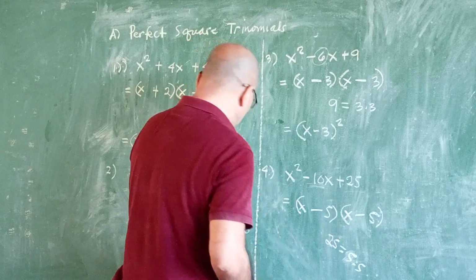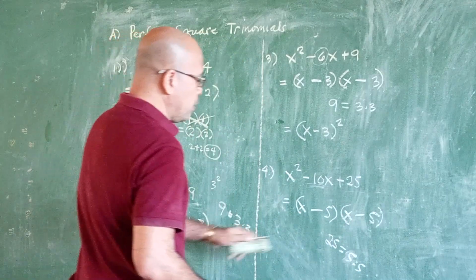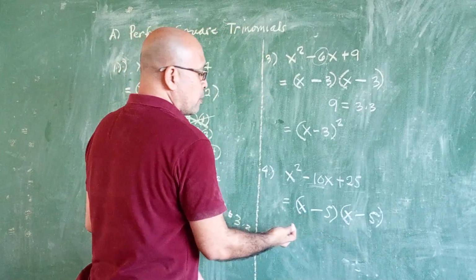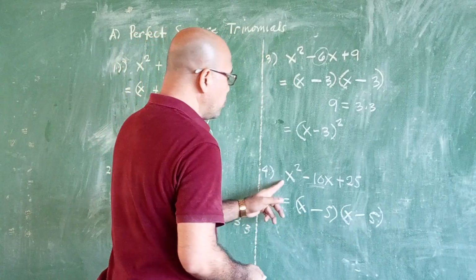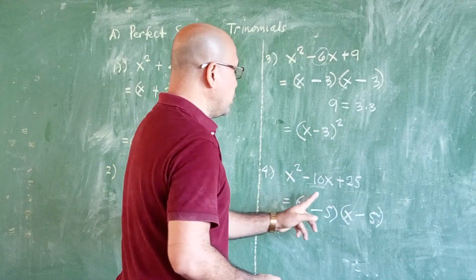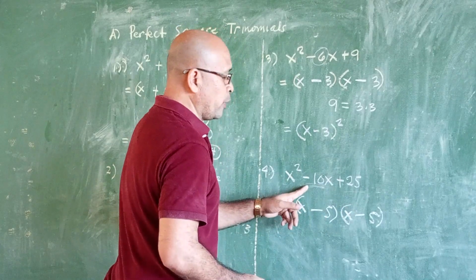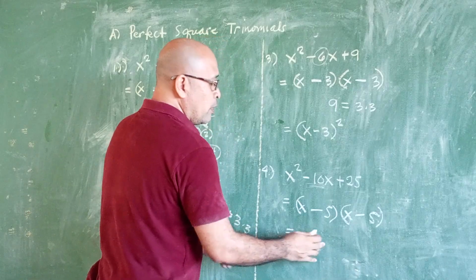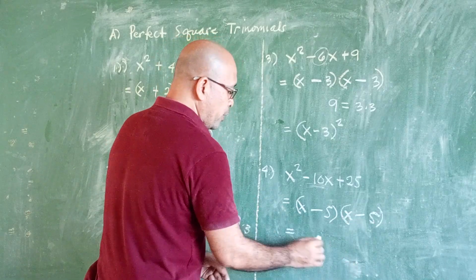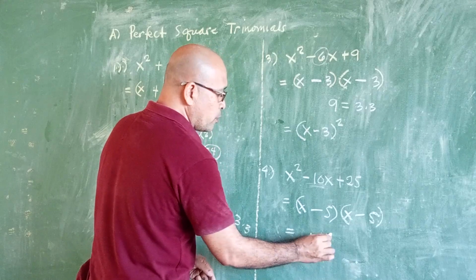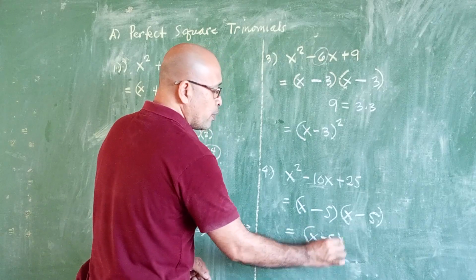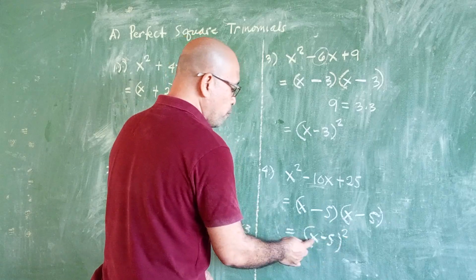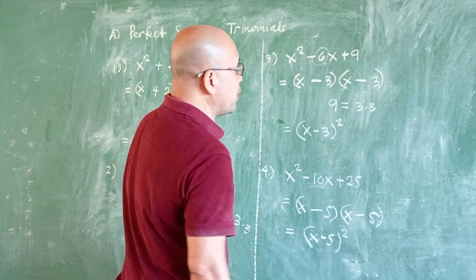So these are some of the techniques that you can do to check that your factors are correct and to prove that your given trinomial is really a perfect square trinomial, because the resulting factors are the same binomials. Or you may write this as x minus 5 raised to the power of 2, or the square of the quantity x minus 5.